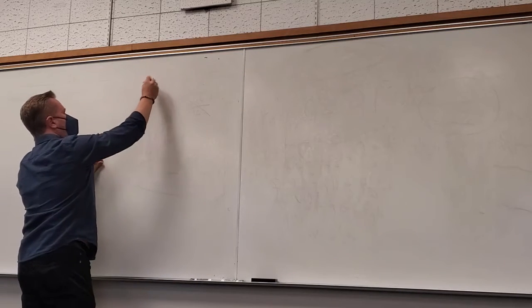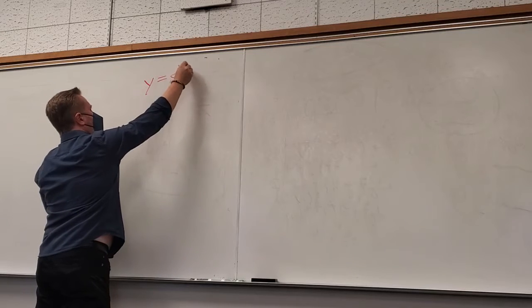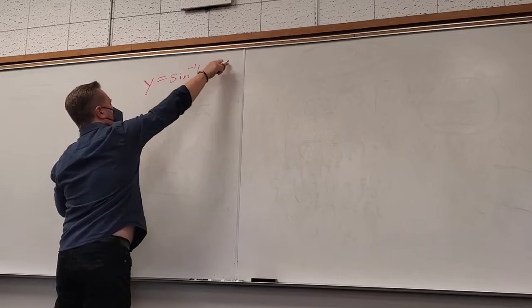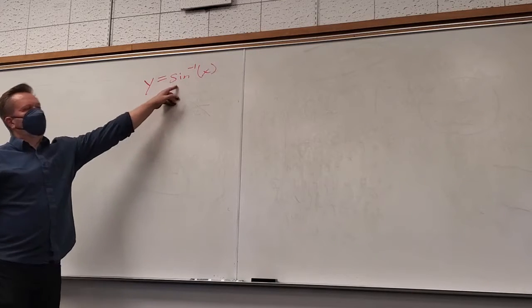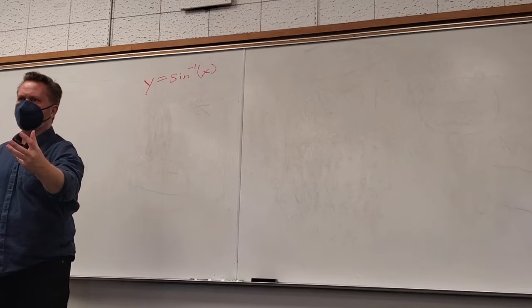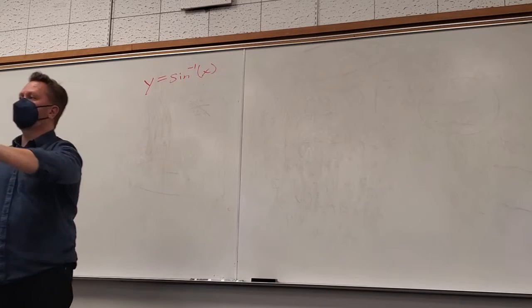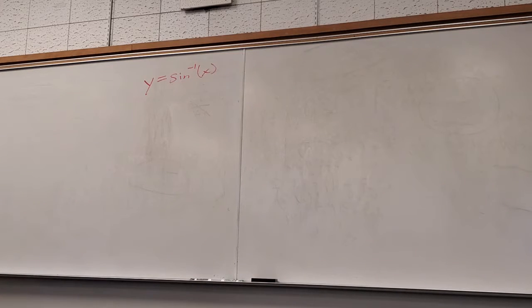So let's try the simplest one. Let me ask you a couple questions here. Which variable represents an angle in that expression? What is the normal input for a sine function? For any trig function, the input is an angle.